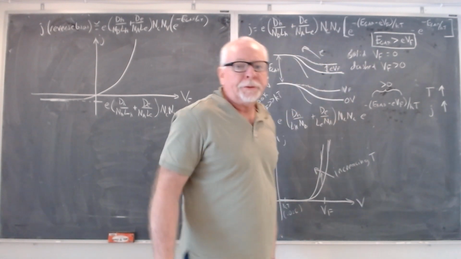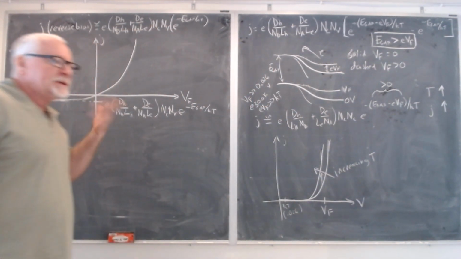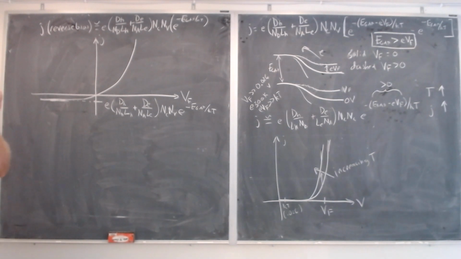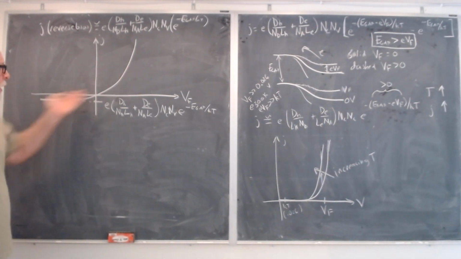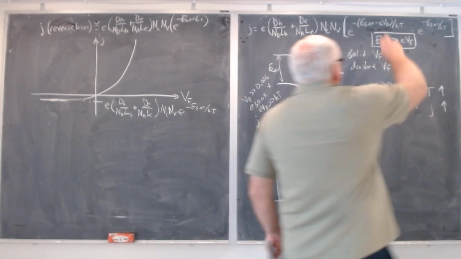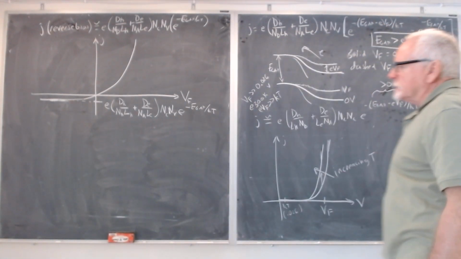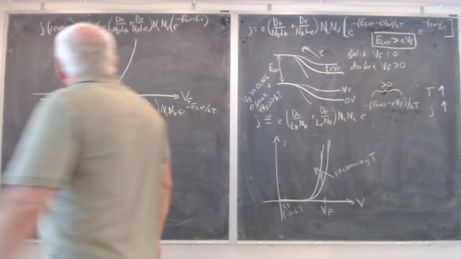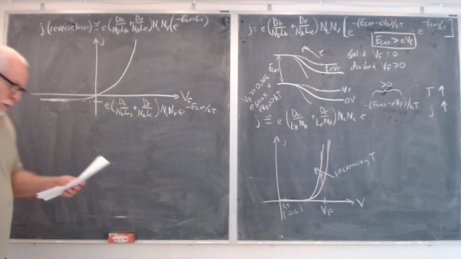It's the same formula, and some texts belabor that a little bit, but there's really no reason to. Since it is the same equation, it connects properly. And of course, at V_F equals 0, it is 0, because that minus that is 0.